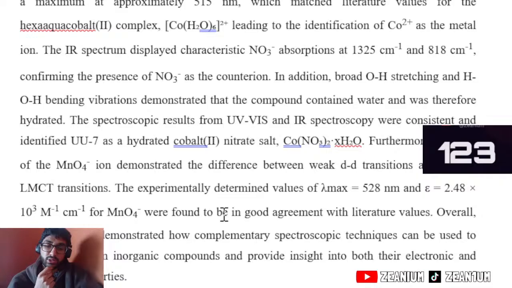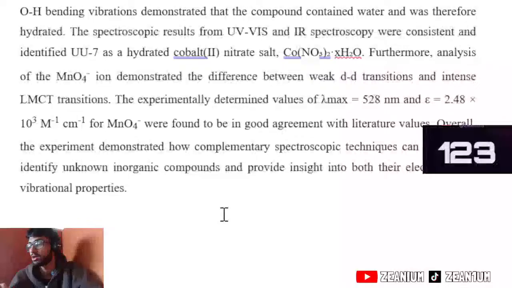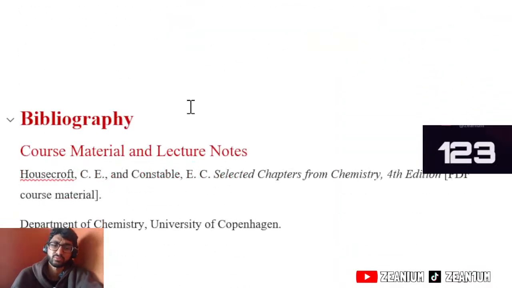Overall, the experiment demonstrated how complementary spectroscopic techniques can be used to identify unknown inorganic compounds and provide insight into both their electronic and vibrational properties. Come on, that's a really good conclusion.